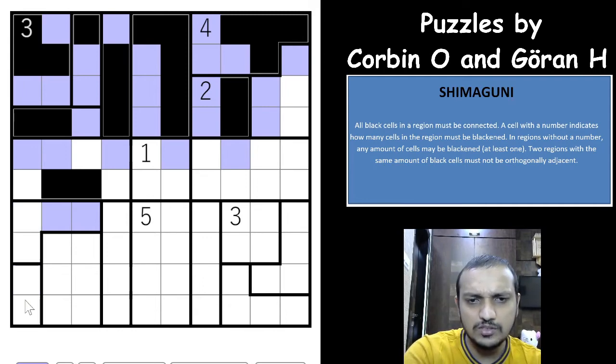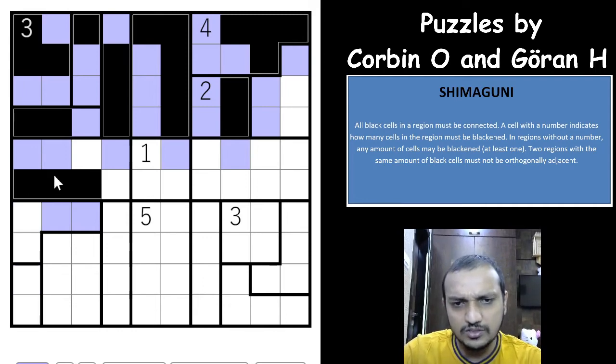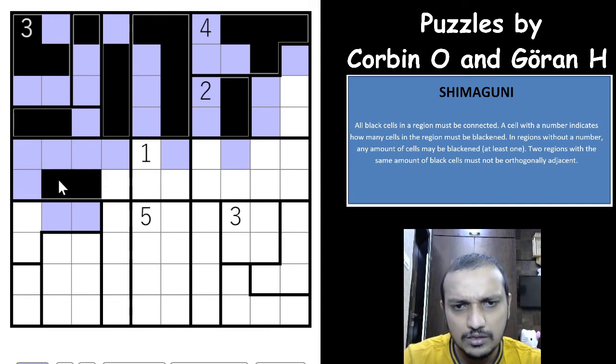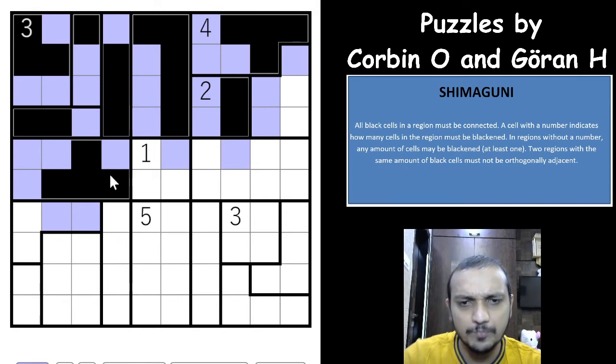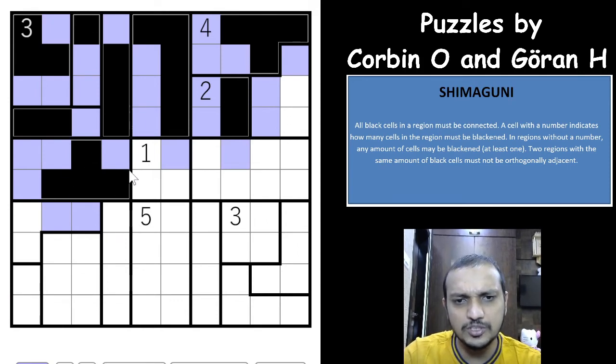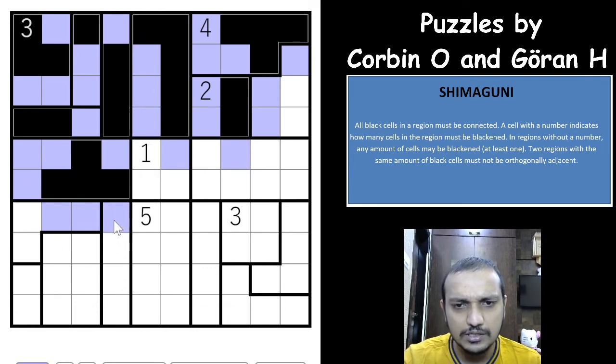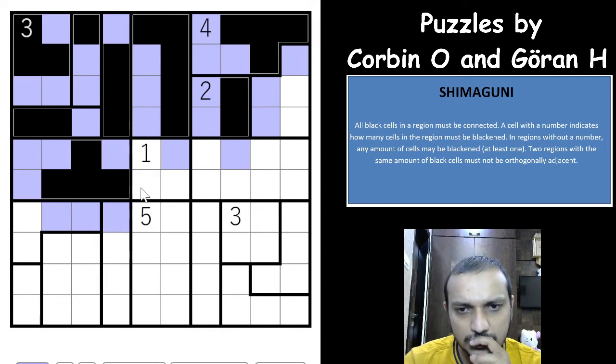So which means this cell cannot be shaded, this is unshaded, and both of these would have to be shaded now. So only 4 cells can be shaded in this region. We came to know that only 4 or 5 cells would have to be shaded, and if this cell is a shaded cell, then you'll get a contradiction here, right? So this is also unshaded.